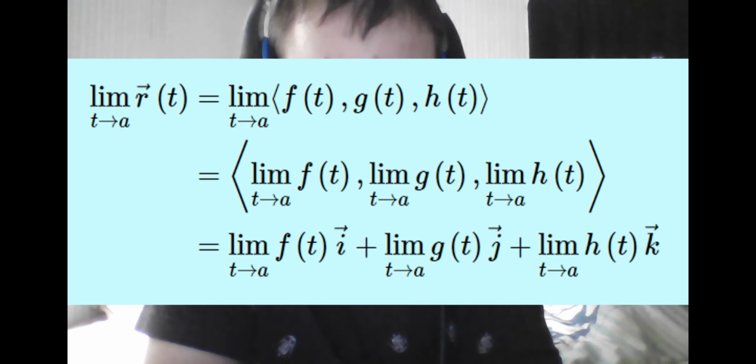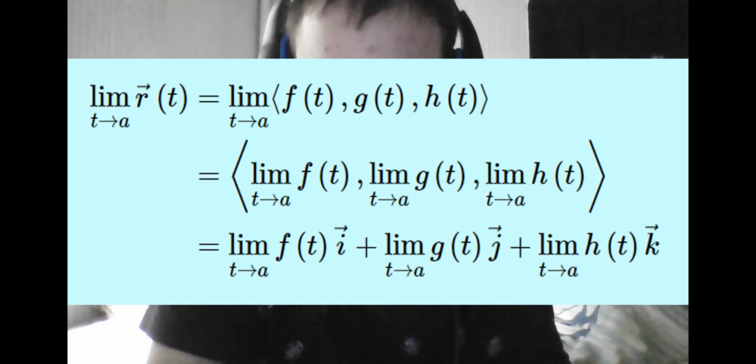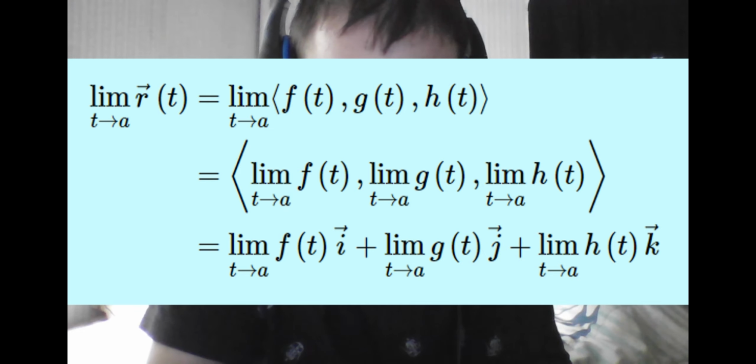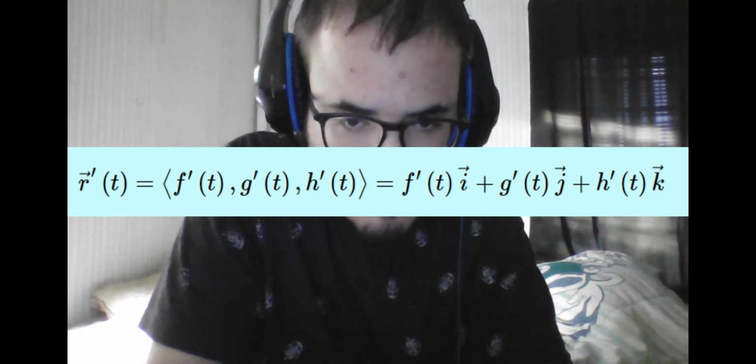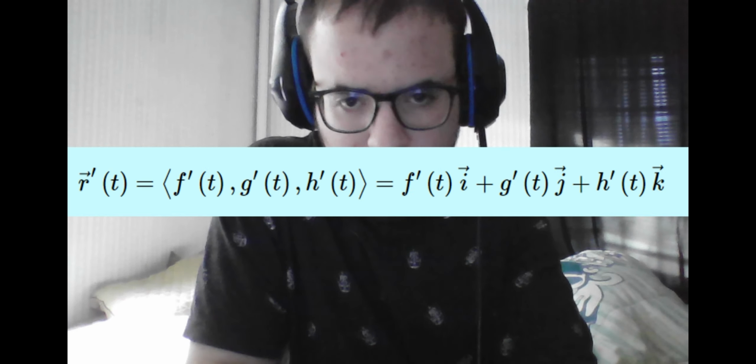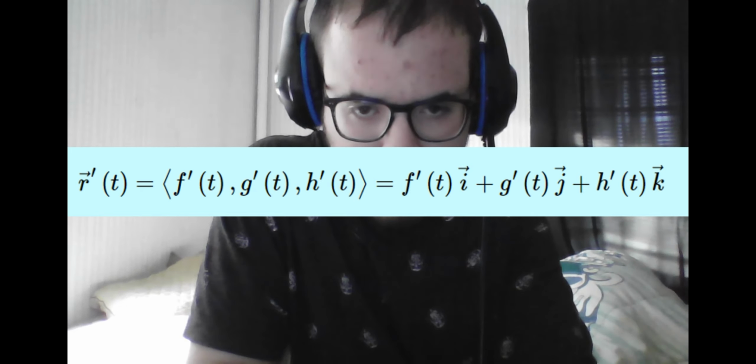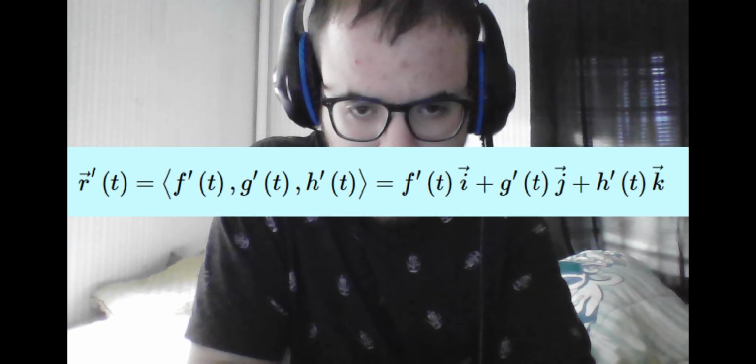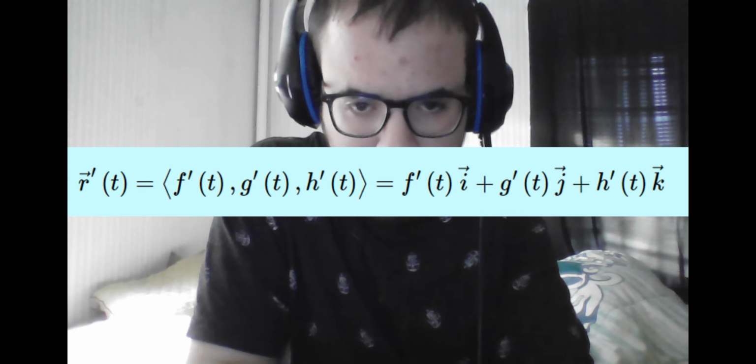Since we know from Calculus 1 the definition of the derivative involves a limit, it should not be too surprising that the derivative of a vector function is simply the derivatives of the individual components. And we can also see the basic derivative rules of single variable functions hold true for vector functions as well.